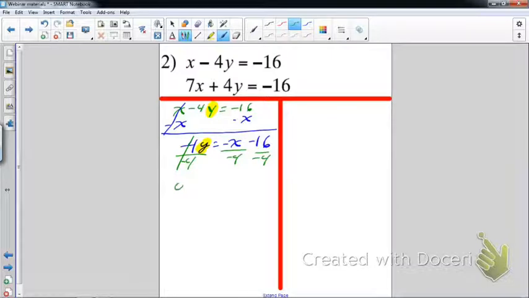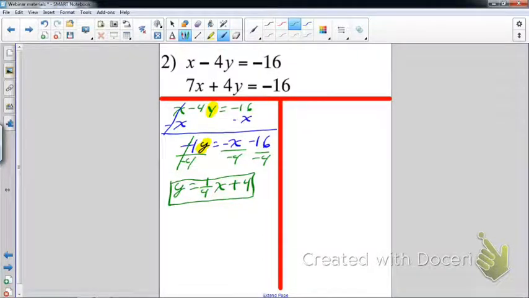Now we're left with y is equal to, a negative divided by a negative is a positive, so I'm left with the slope of 1/4 x. Again, a negative divided by a negative is a positive, so I have plus, and then 16 divided by 4 is 4. So here's the first equation that I have. That's the first line that I have.